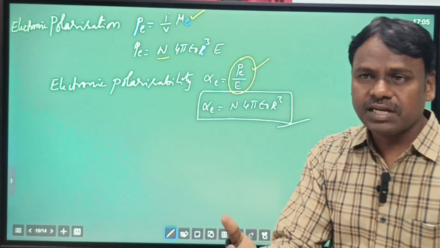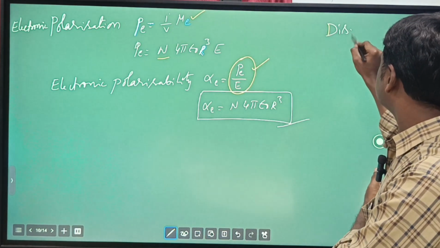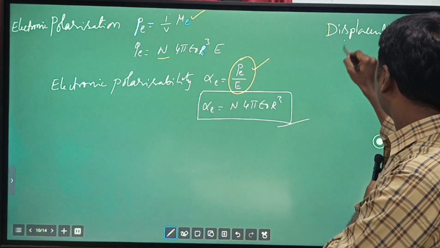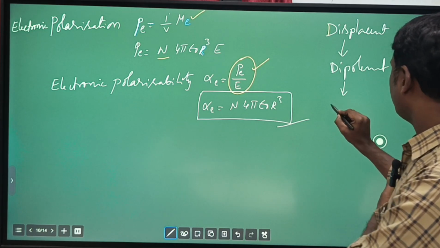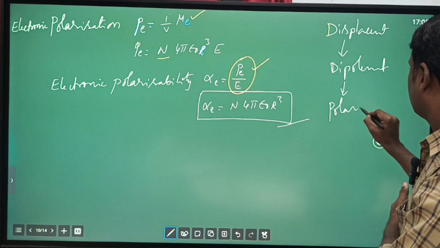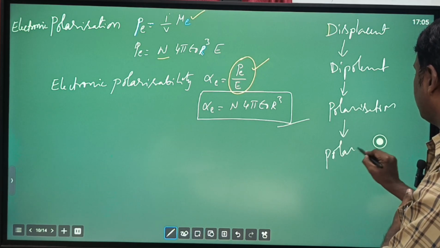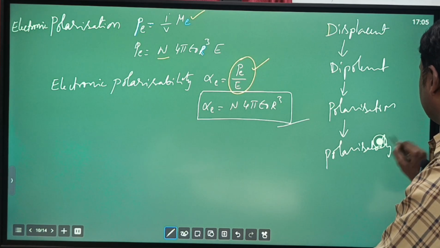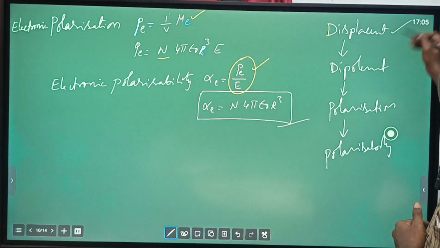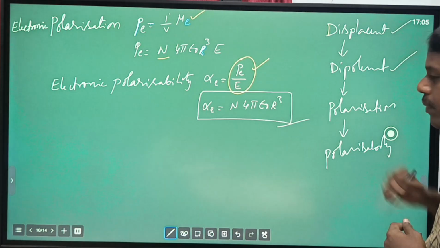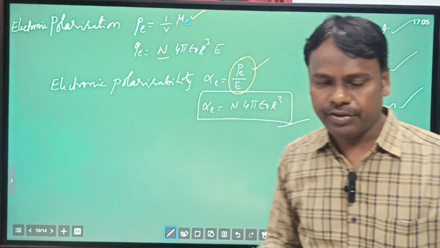So from displacement to dipole moment, from dipole moment to polarization, and from polarization to polarizability. This is the sequence of calculation. First we get displacement, from that we calculate the dipole moment, from that the polarization, and from that the polarizability. Thank you.